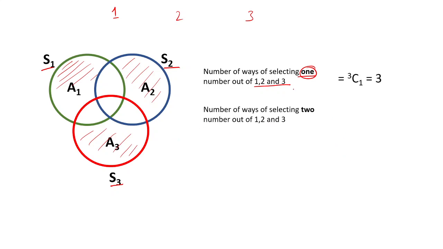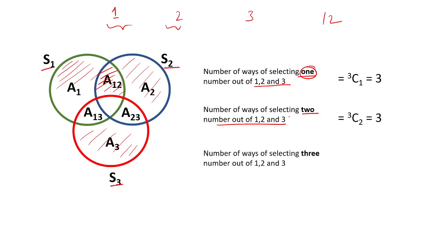When you select 2 numbers out of 1, 2, 3, suppose you select 1, 2, then you are thinking about the area which is only in sets 1 and 2. That way we can count the number of possible areas. The number of ways of selecting 2 numbers out of 1, 2, 3 is 3, and the number of ways of selecting three numbers is 1.